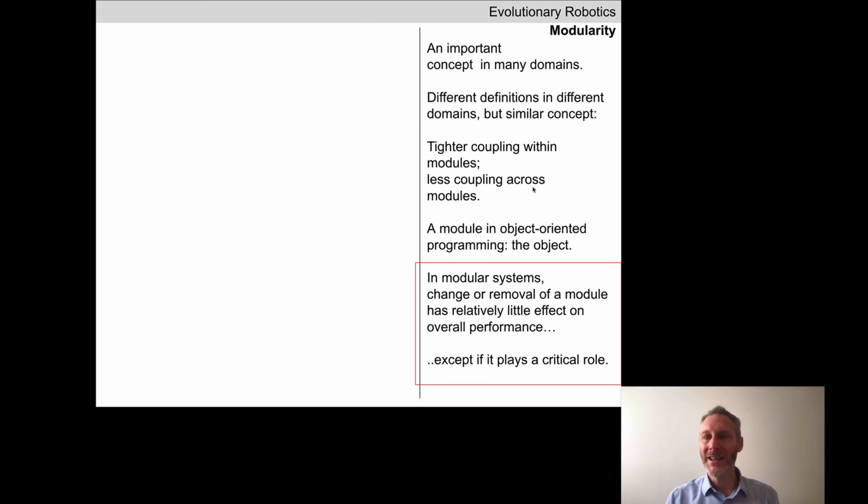Okay, so what is modularity? Again, there is a whole literature on trying to define what it is. For our purposes, we're going to use the intuitive definition, which is something that's modular means there's tight coupling within the module. So in the engine of a car, all the parts that make up an engine are very tightly coupled together. The engine is a module.